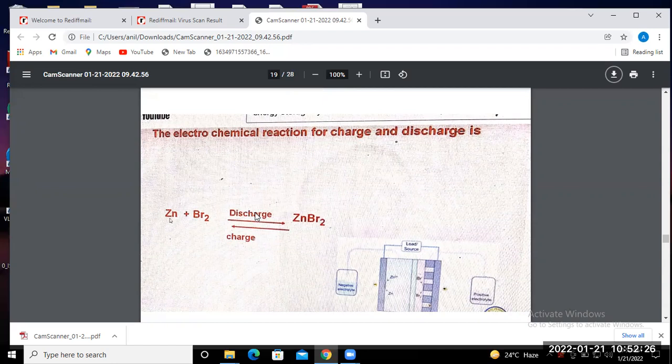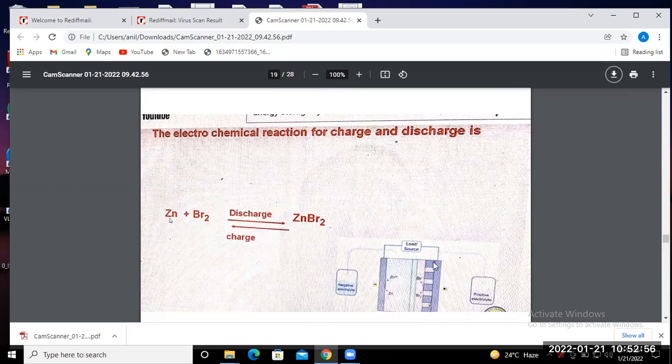The chemical reaction for charging and discharging is Zn plus Br2. During discharging it makes zinc bromide, and during the charge period, when the battery charges, it makes Zn plus Br2. This is a reversible process, from ZnBr2 to Zn plus Br2.